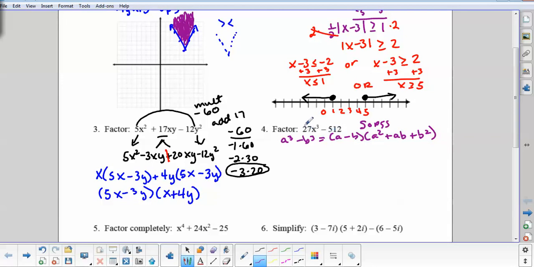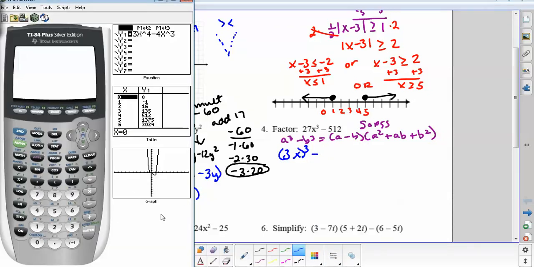So I do remember that 27 is the cube of 3. Okay, so 3 to the third is 3 times 3 times 3, which is 27. If you don't remember, and for example with 512, if you're just not sure what number cubed is that, you can take the number's cube root.